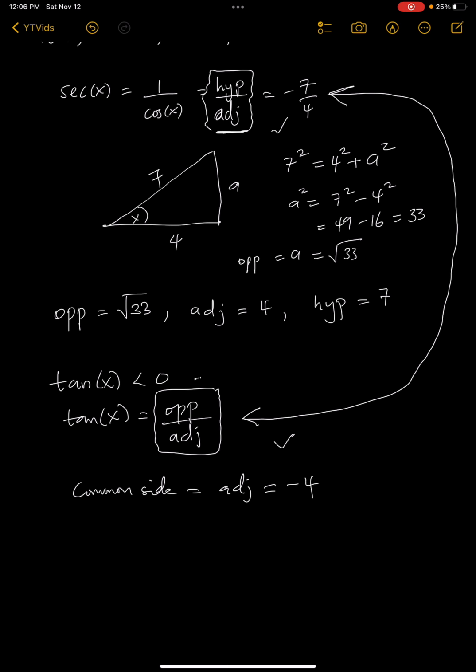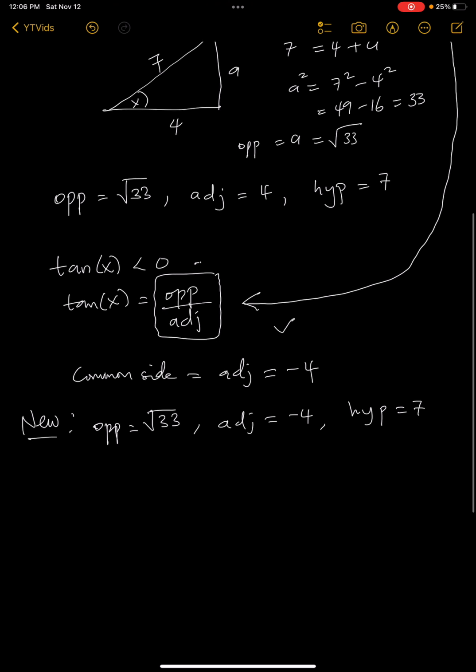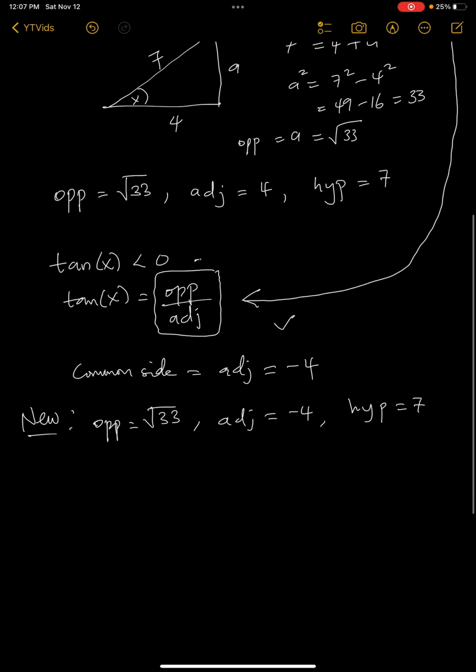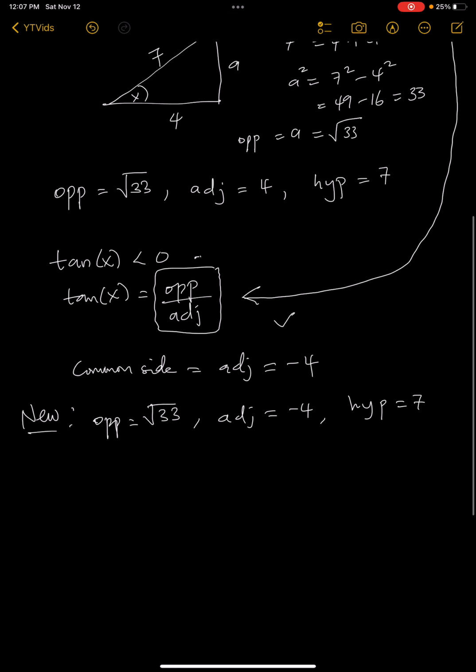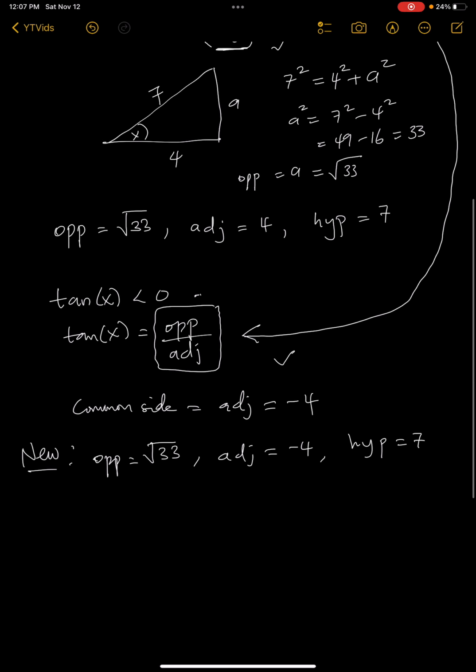So now our sides are: opposite square root of 33, adjacent negative 4, and hypotenuse 7. Of course, adjacent is not really negative 4 because it's a length, and we don't have negative lengths, but the idea is that this triangle falls in one of the negative quadrants, not the positive quadrant.